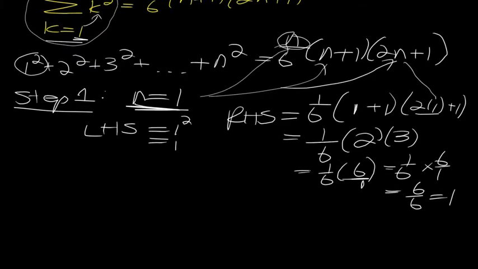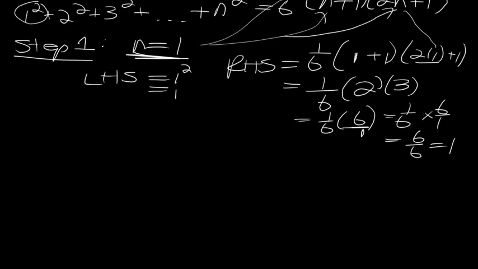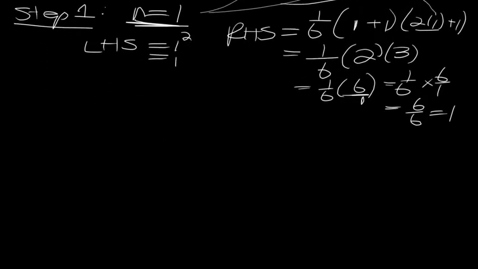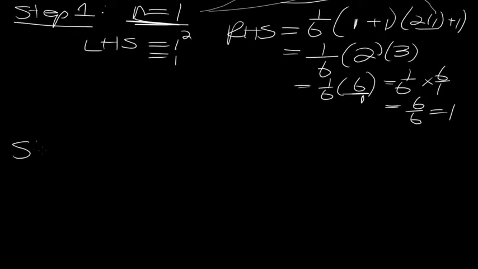So let's look at step 2 we need to do to prove that this statement is correct. Step 2 is actually an easy step, because you just accept that the statement is true.